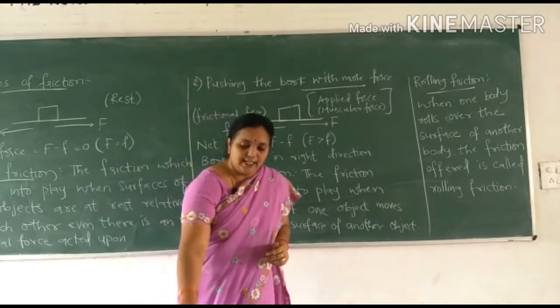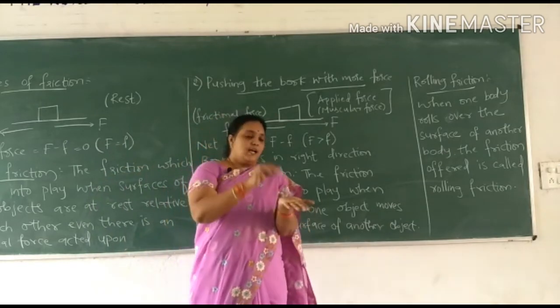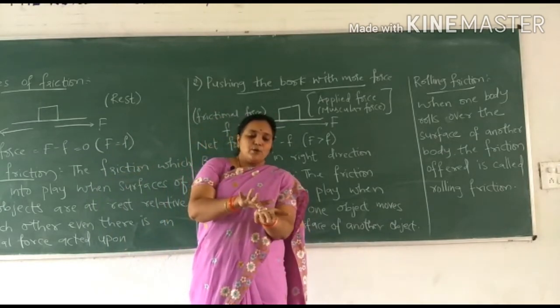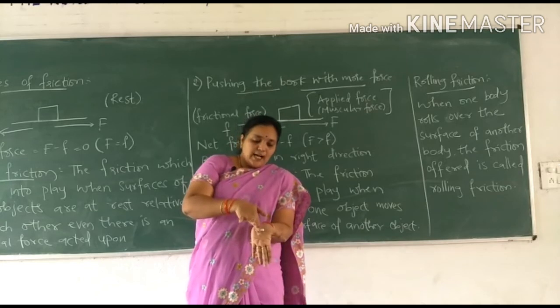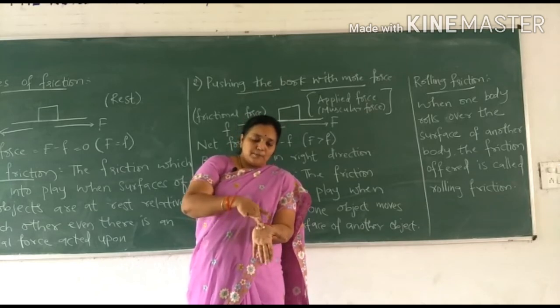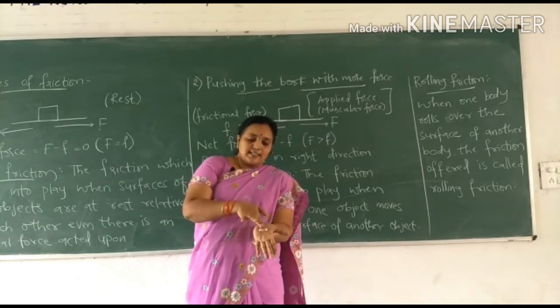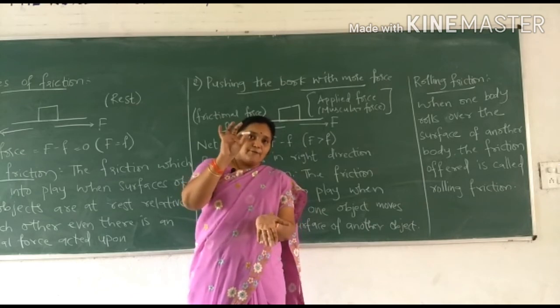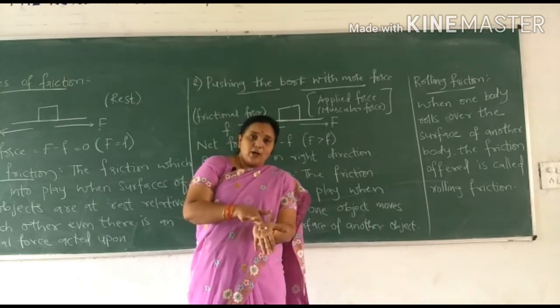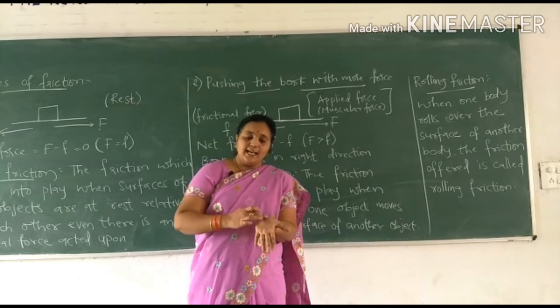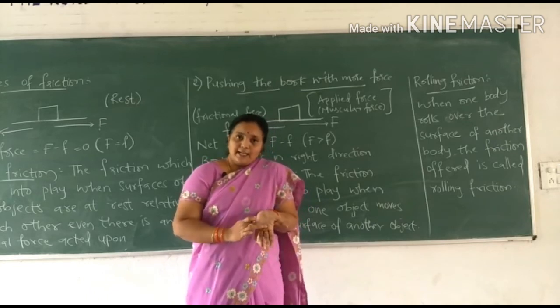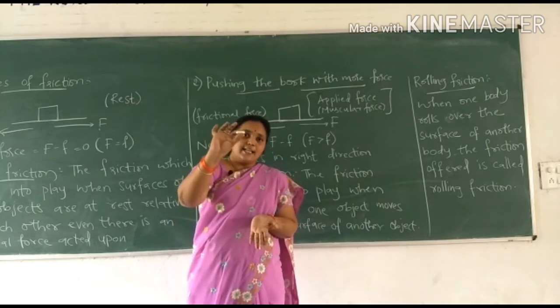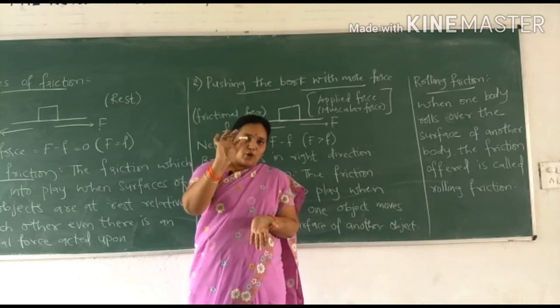Now you can see here, this is a chalk piece. What I am doing here is rolling the chalk piece. This is rolling. The frictional force between the rolling object and the surface: here my palm is the surface and the rolling object is the chalk piece.